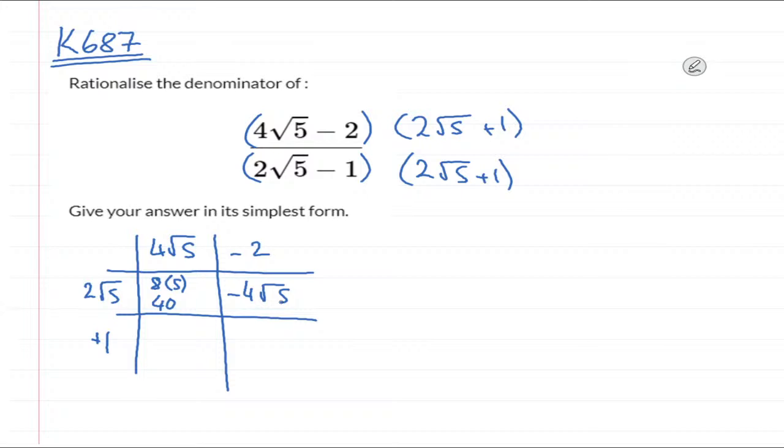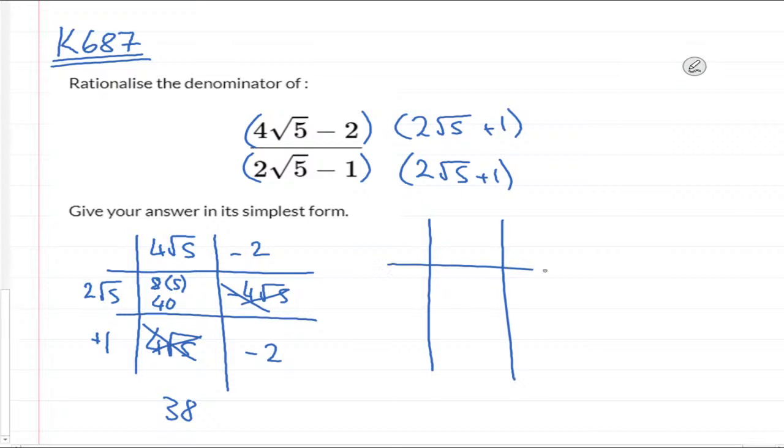Anyway, it is plus 4 root 5. And then 1 times by minus 2 is minus 2. So with this one, they will cancel. I end up with 40 minus 2, which is 38 on top.